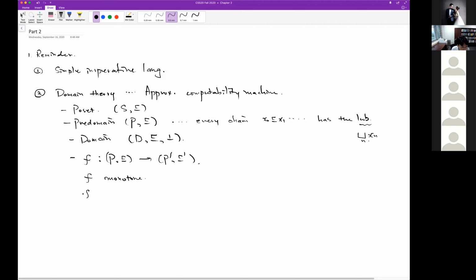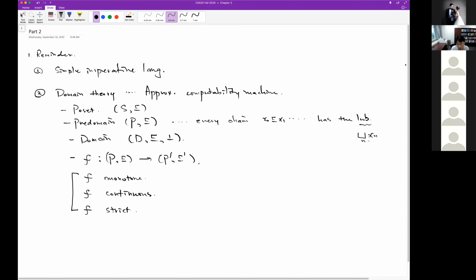A monotone function is continuous if it preserves the limit of every chain. And if P and P prime are domains, we say function f is strict if it preserves the bottom. So these are the three concepts that we learned.